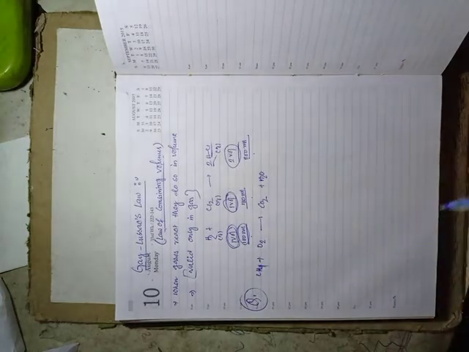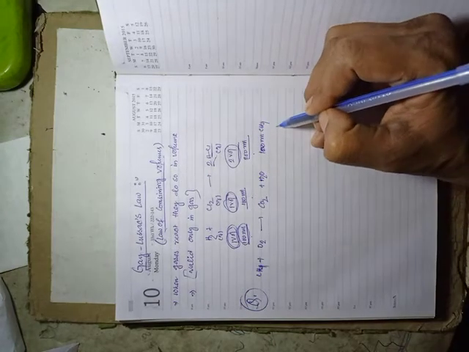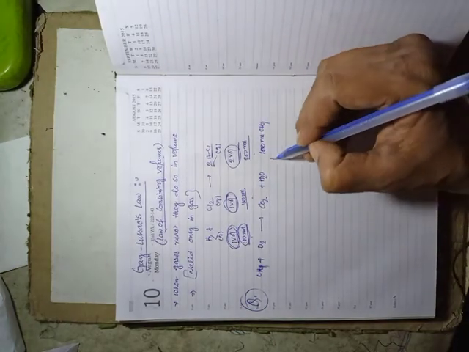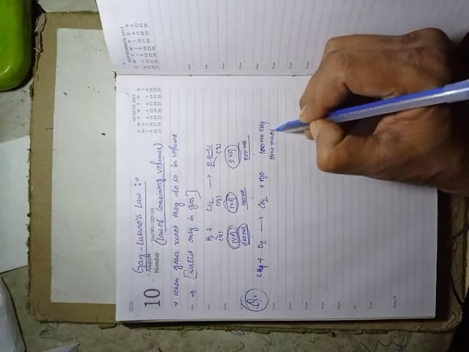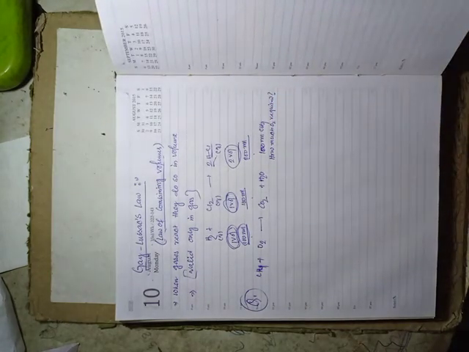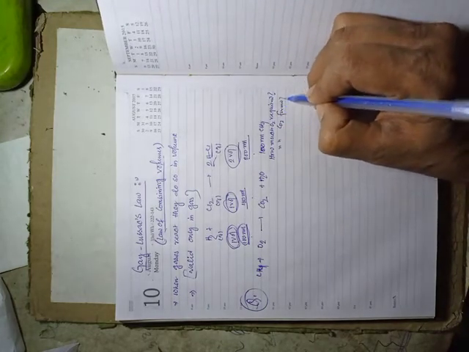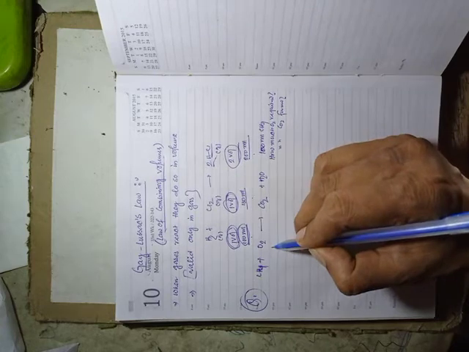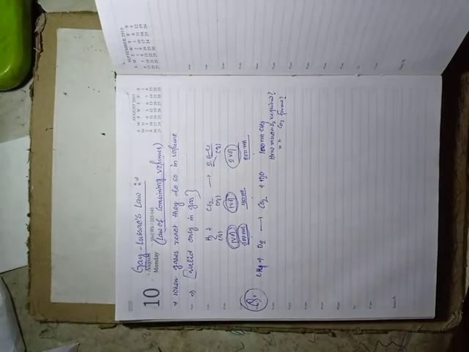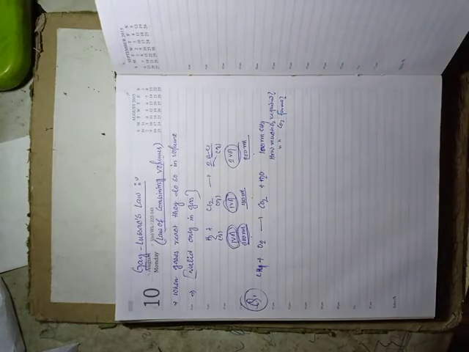How much oxygen is required, and how much CO2 is formed? O2 is the reactant, so how much is required and how much carbon dioxide is formed, you need to calculate. You can see the volume is given in milliliters.